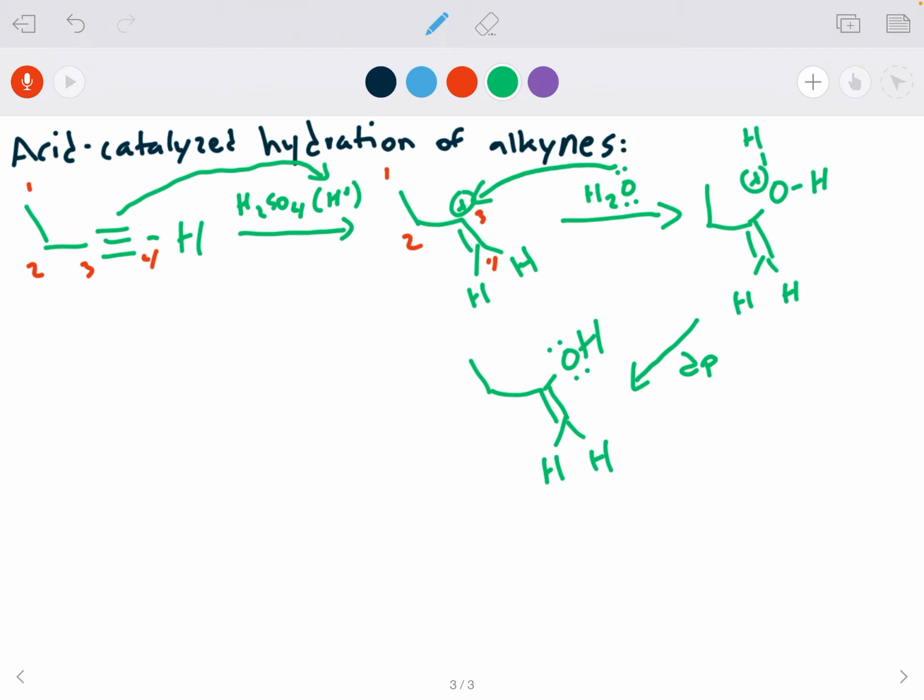We're going to undergo tautomerization now. So we got H3O+ floating around in solution, given this is a strong acid solution. And one of the pi bonds here will come and take a hydrogen from the H3O+.